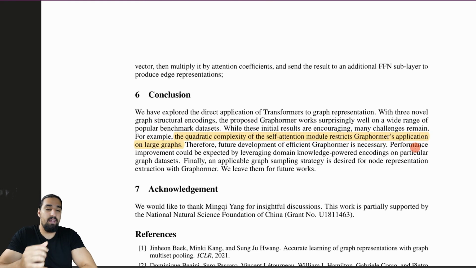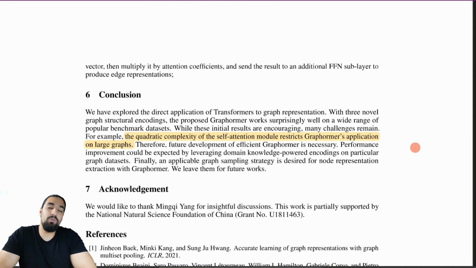So that means that even though it achieved really nice results on these benchmarks, which are molecular datasets, molecular graphs, I can imagine that this still can't be used on any huge graphs, such as maybe a social media graph. And so yeah, I just expect to see people using the ideas that came from the transformer literature, like Linformer, Performer, etc., to make this thing more efficient, and then we'll see whether it can achieve some nice results even on larger graphs.